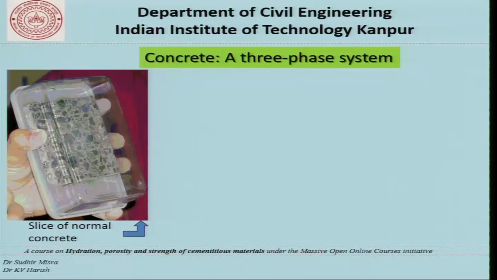So let's take a look at this picture which we saw in the first lecture as well, which is basically a photograph of what concrete looks like on the inside.